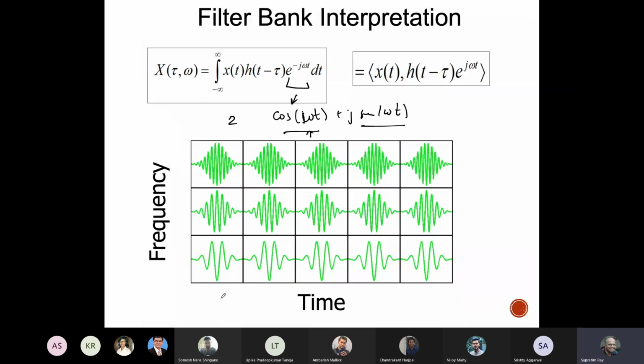Note that in this case, this tau could be anything. In fact, in the continuous domain, it's a continuous function. So you actually don't wait for the length of the window. The tau is not such that it's here and then the next window is there, the way I had drawn it here.